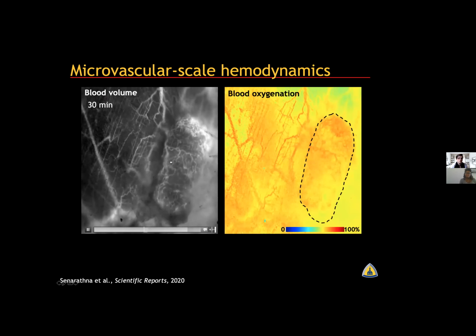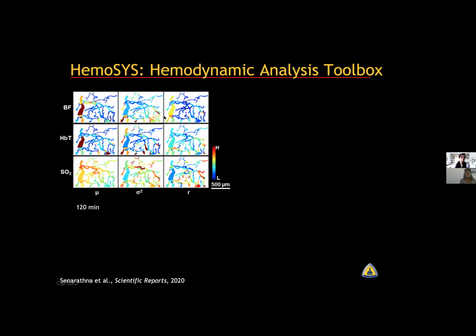From the same field of view, we can actually make maps of the oxygen saturation. So you can actually see in the normal skin, the blood vessels have very high oxygen saturation, but in the tumor, it's very low because the tumor is very poorly perfused. So once we have this kind of image, what we can do is we can zoom in on any area and we can identify individual blood vessels. So on the left column here is just a small area from that entire field of view where we've identified a bunch of blood vessels.